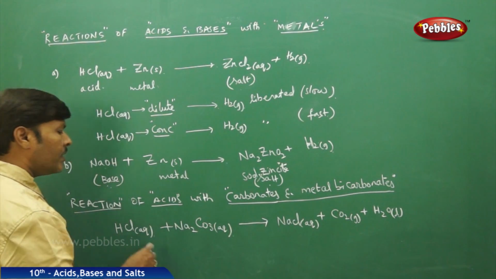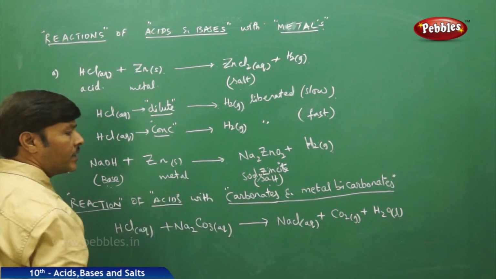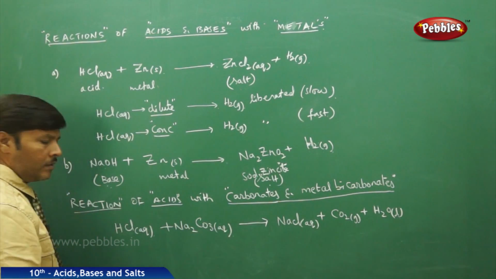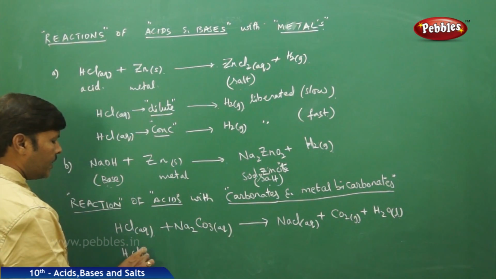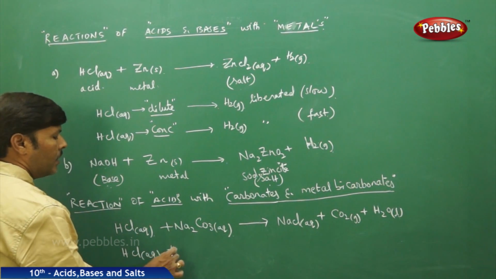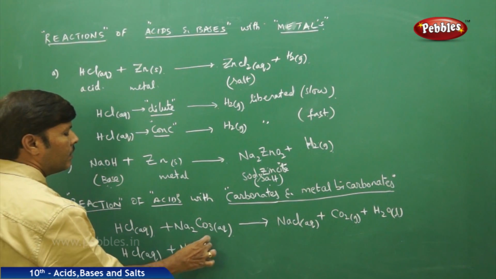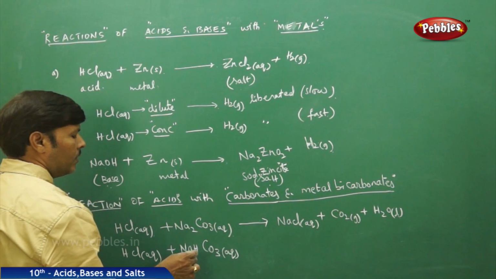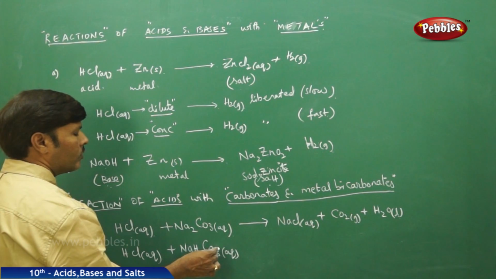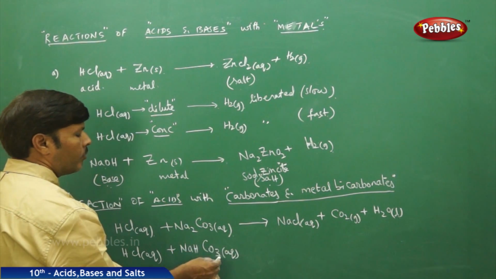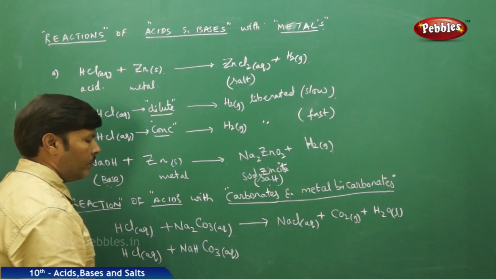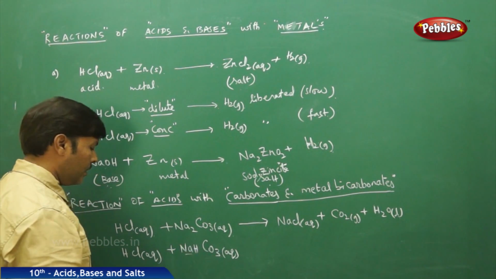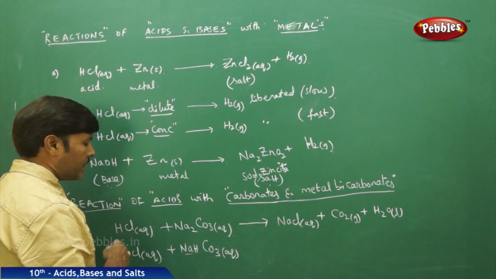Reaction of acid with carbonates is completed. Now, reaction of acids with the metal bicarbonates: if I take the same HCl, aqueous, and make it react with sodium bicarbonate, aqueous, NaHCO3, the metal is sodium and HCO3 is bicarbonate.